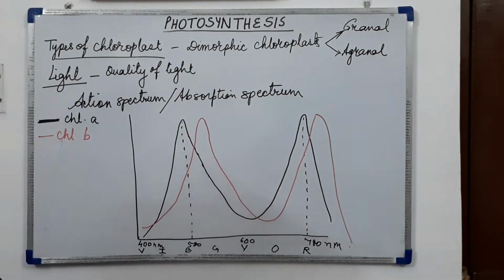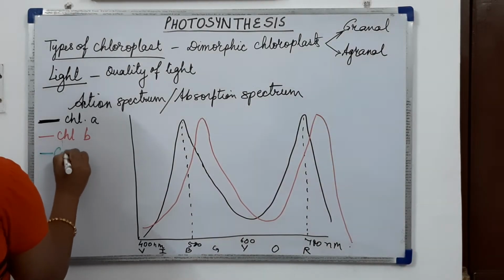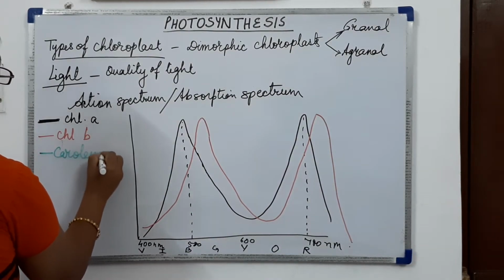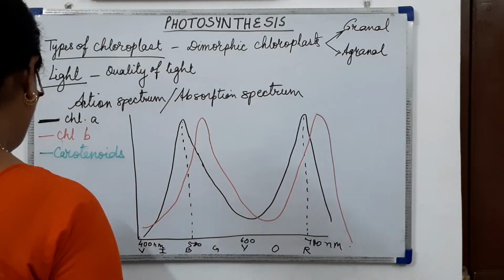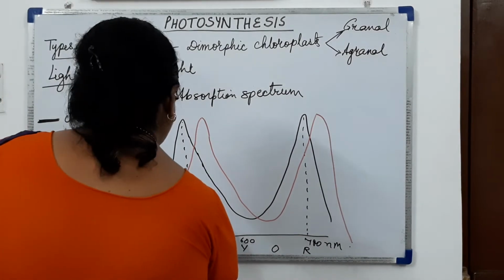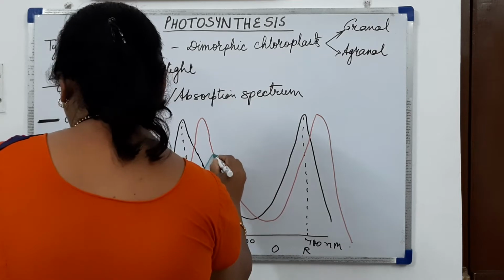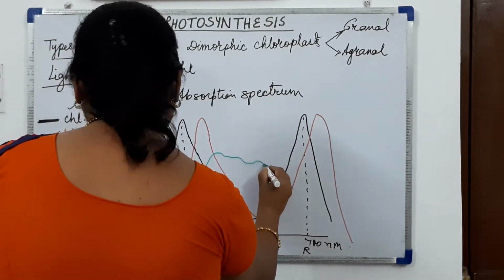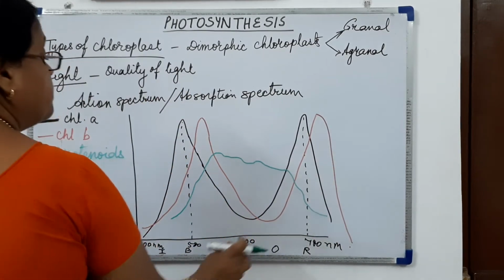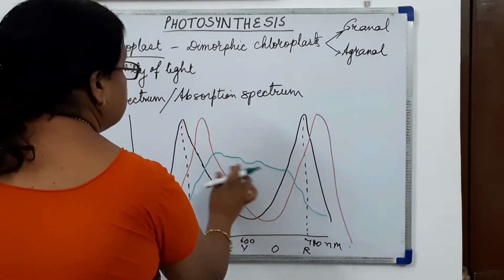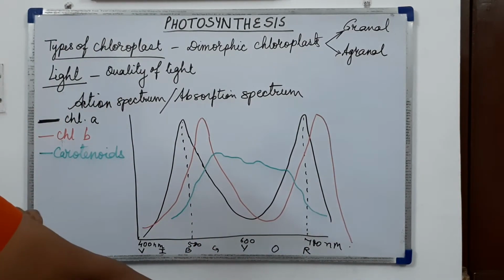Then I am drawing the carotenoids with green color. So carotenoids range from indigo and go a little higher, but not much absorption is taking place in any of the light.